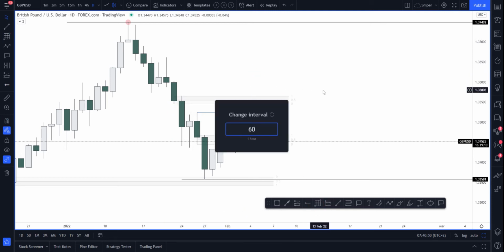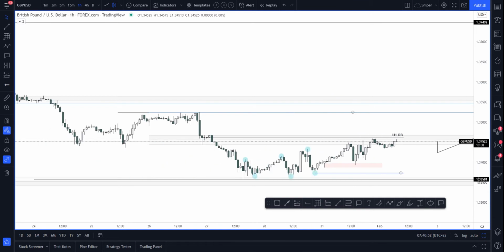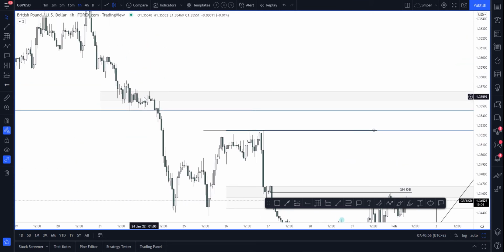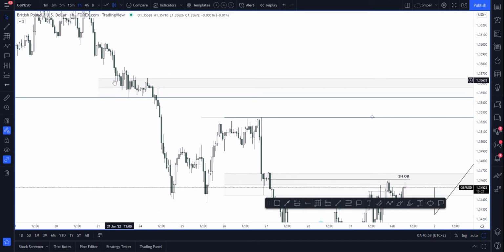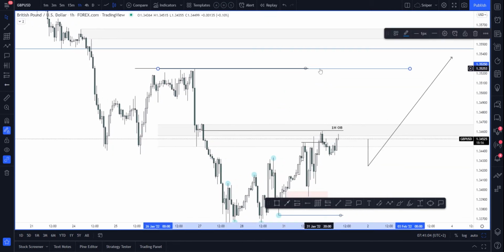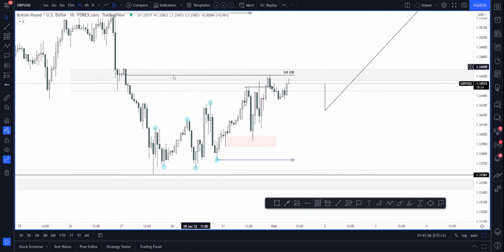You can have a look at those areas now on the 1 hour. Let's give it a quick look. Remember what I said, it's a range, and the range creates the liquidity and supply and demand. So here we have that range just on the daily, and then also the same one that we just looked at over there.